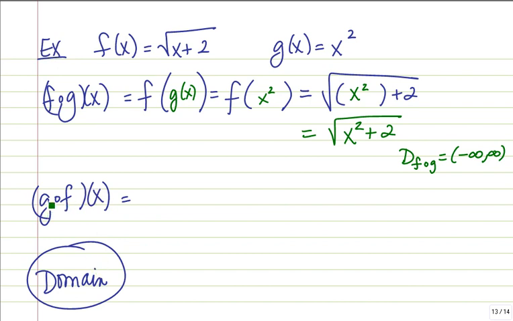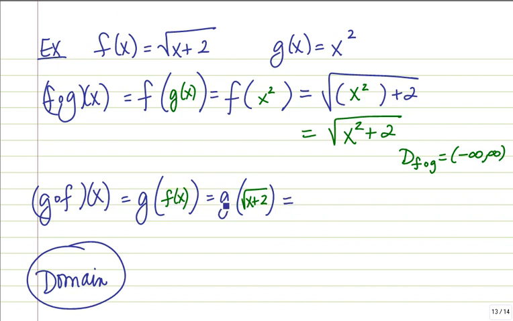Okay. Now let's talk about g composed with f of x. So that would be g of f of x, which is g of the square root of x plus 2. So what are we going to do here?